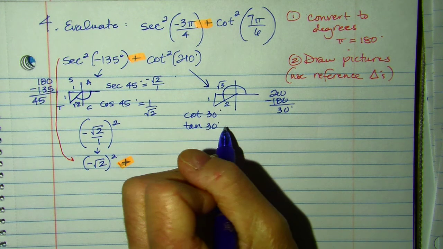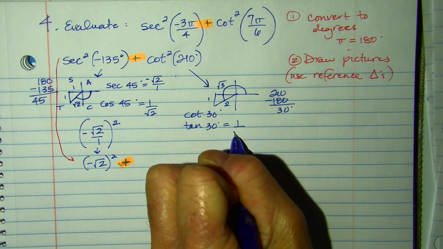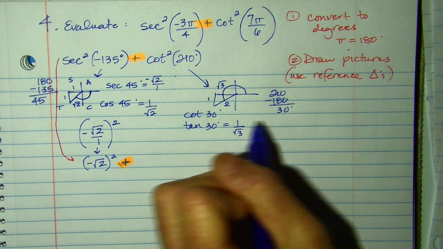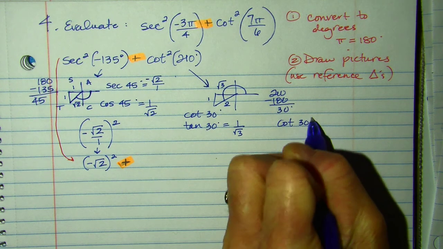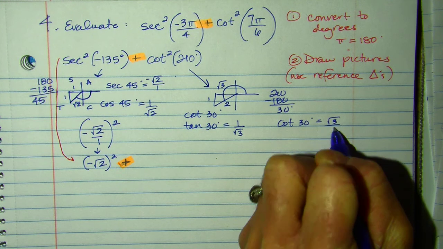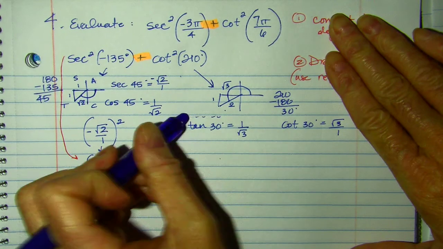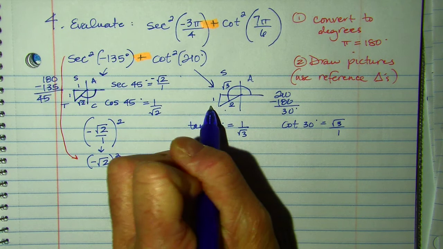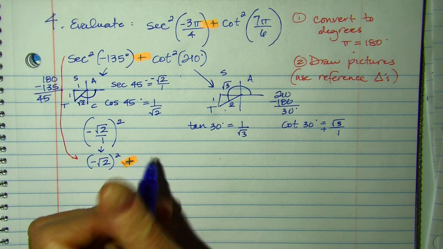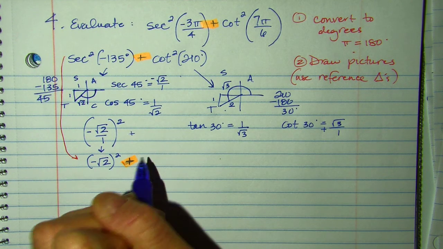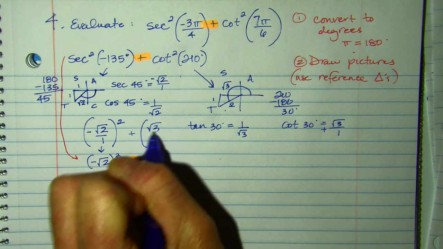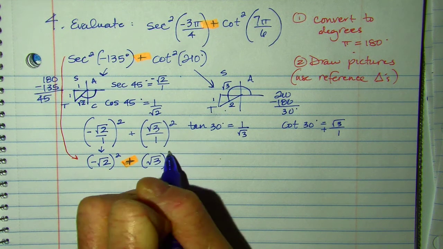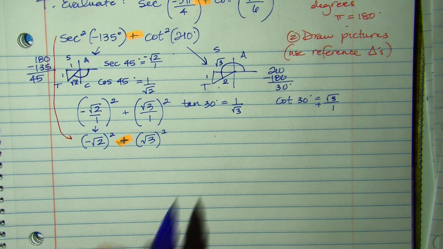That would be opposite over adjacent. So the cotangent of 30 degrees is the reciprocal, so I'm flipping that over. Also, this is all students take, so I know I'm positive. So this would be root 3 over 1 squared. So I'm just going to write root 3 squared, right? I don't need the over 1.